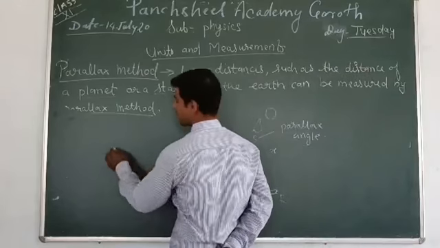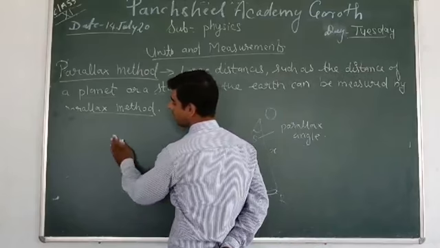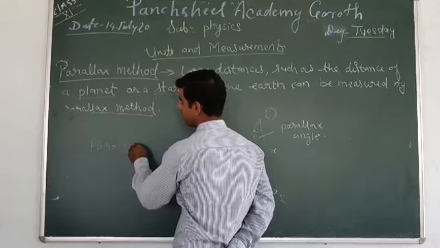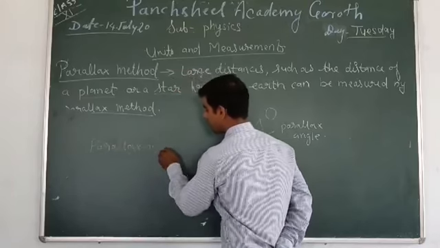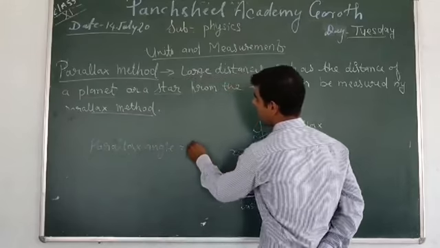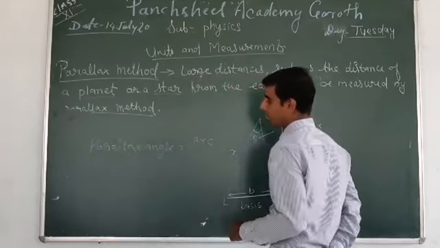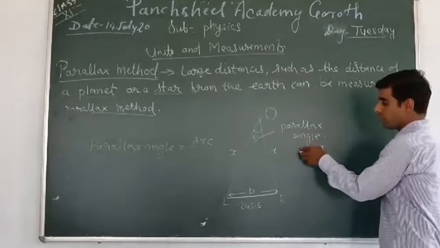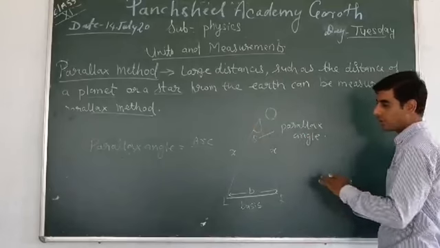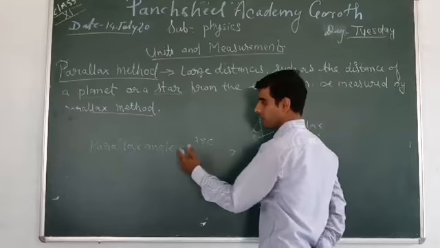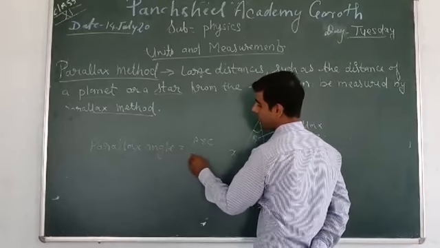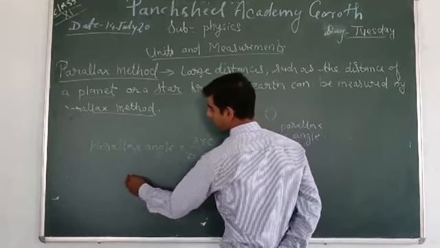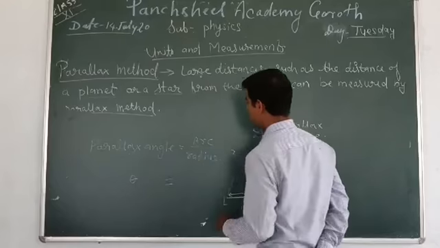Parallax angle equals r upon radius, any angle.